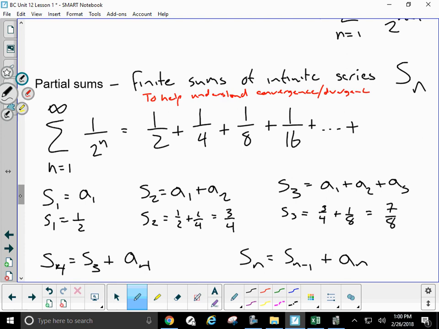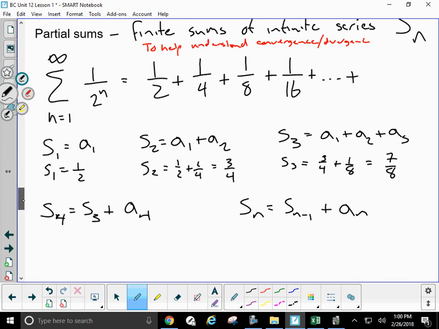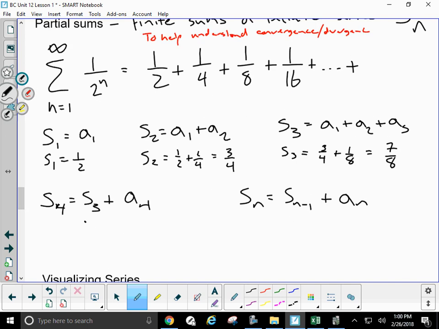S4, 7/8 plus 1/16. Well, 7/8 is 14/16. Add another 16th, and I have 15/16. As we start to see these partial sums, let's just do one more.